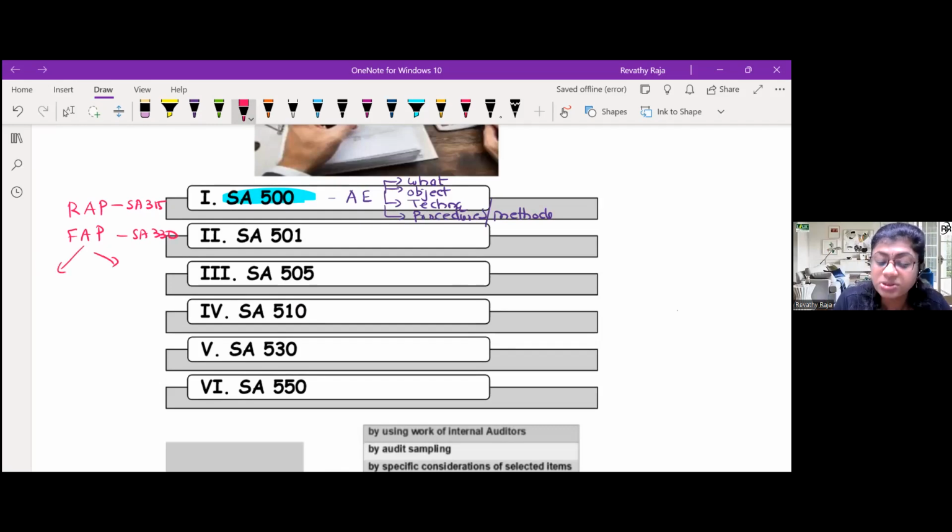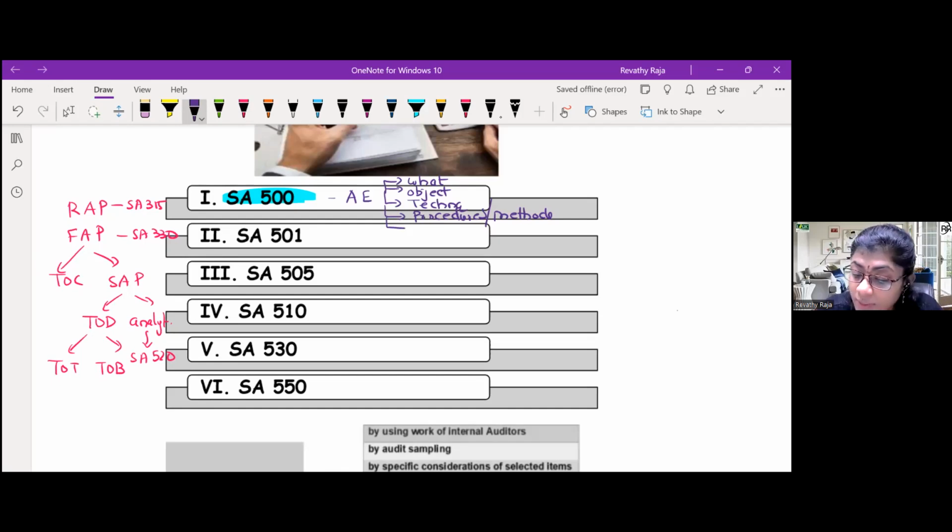Further audit procedure is again divided into test of control and substantive procedure. Substantive procedure is divided into test of details and analytical procedure. Analytical is in SA 520. Test of details is divided into test of transaction and test of balances. Then here we will be using the work of a management expert.